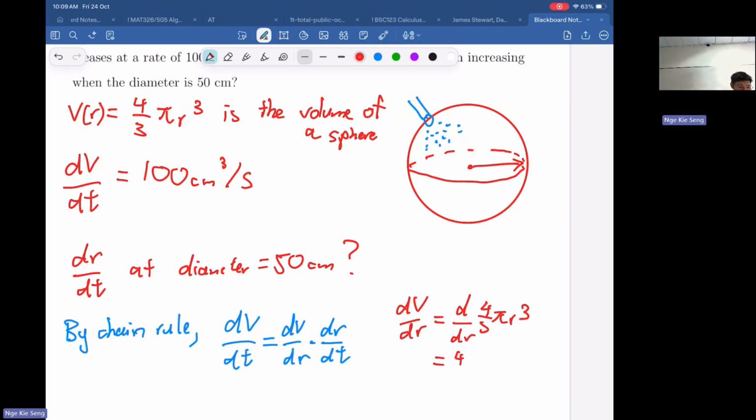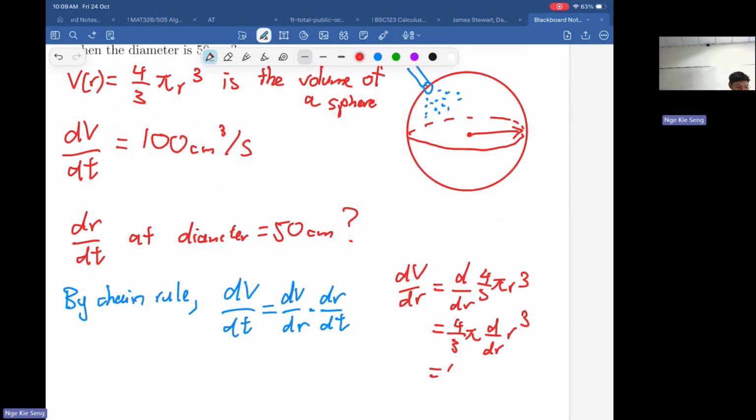We can use linearity, d over dr of r cubed. How to differentiate r cubed? You get 4 over 3 pi times 3r squared. So all together you get 4 pi r squared. Make sense?